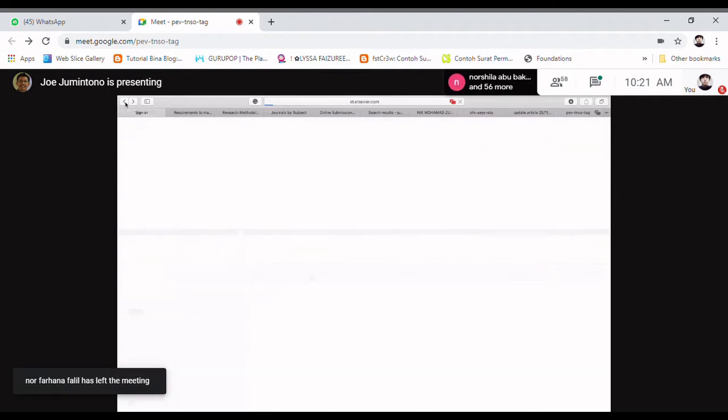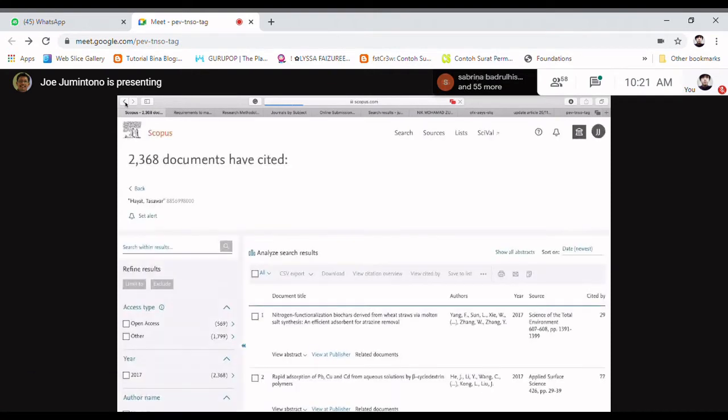In my opinion, they use the right tool, the right technique, the right way to write a paper. So everyone can learn from this one.